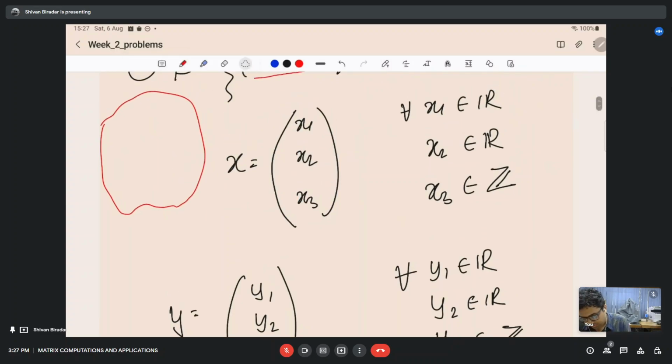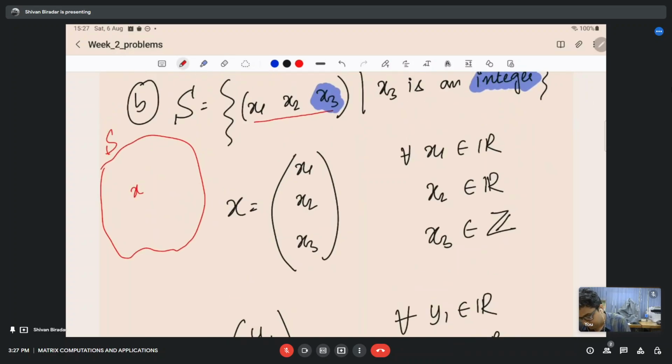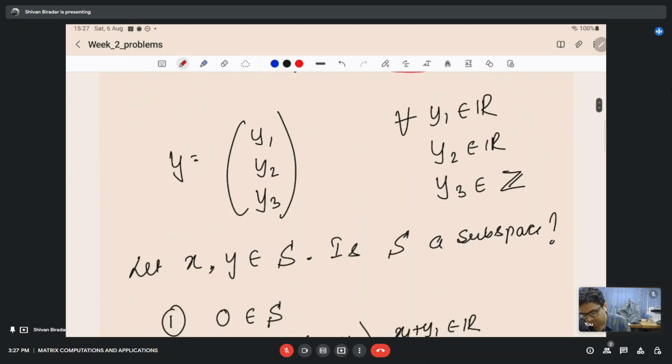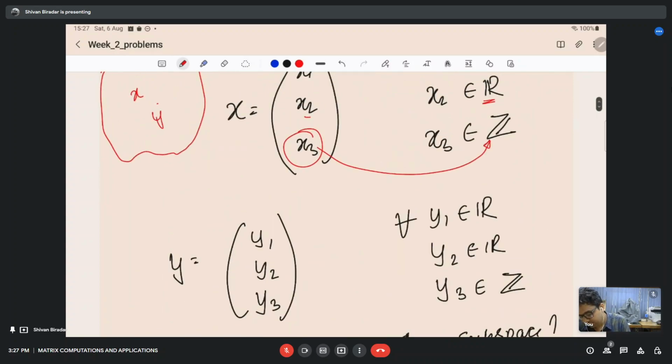Let us say that we have a vector x which belongs to the subset S, and x1 can be anything in the real numbers, x2 belongs to the real number set, whereas x3 by definition belongs to the set of integers. Again, I'll take another vector y in the set.